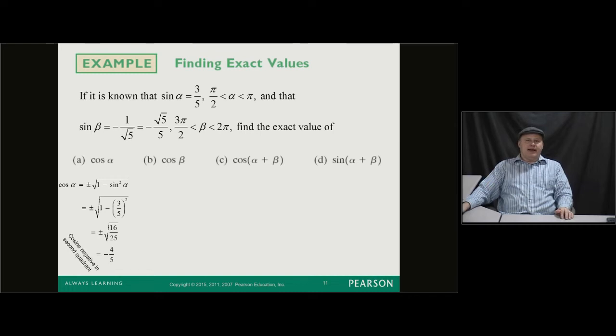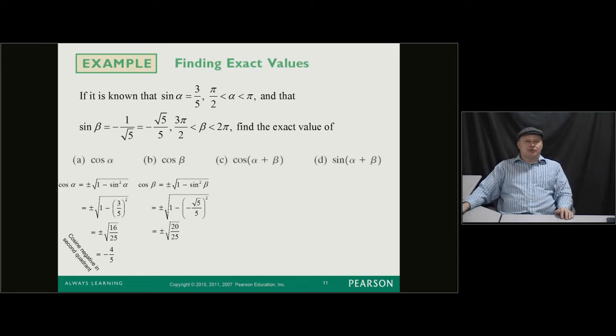All right? Now, to tell you the truth, we've done problems like this already in previous discussions. The reason I do it here is because I'm going to need it for parts C and D. Now, cosine of beta, we're going to do that one now. So that's equal to plus or minus the square root of 1 minus sine squared of beta. So very similar. Plus or minus the square root of 1 minus the negative square root of 5 over 5 squared, because that's what sine of beta is.